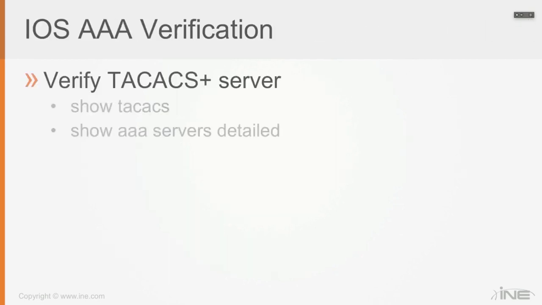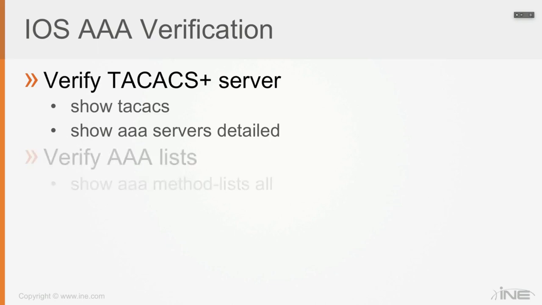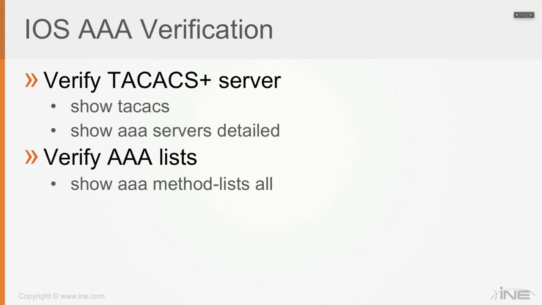Then verification wise, we verify the TACACS server. We say show tacacs or show aaa servers detailed to see if the server is up and what the configuration with that server is. We verify the configured AAA lists, the authentication, authorization, and accounting lists, with show aaa method-lists all, or of course show run | include aaa.